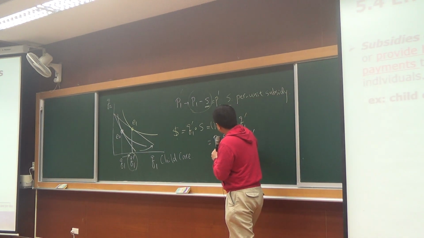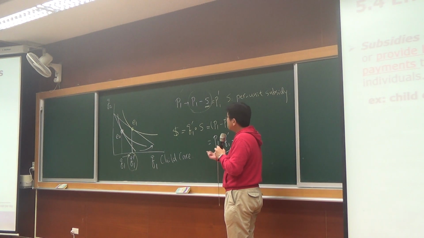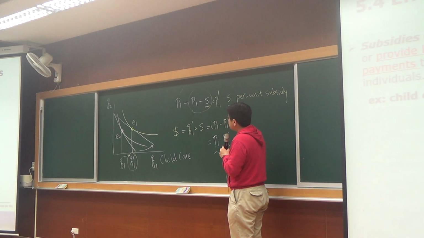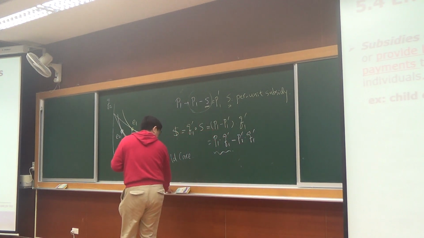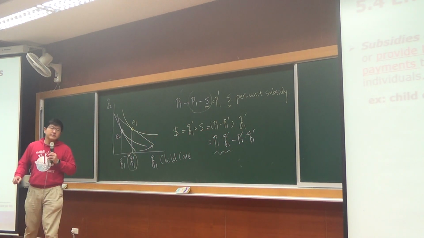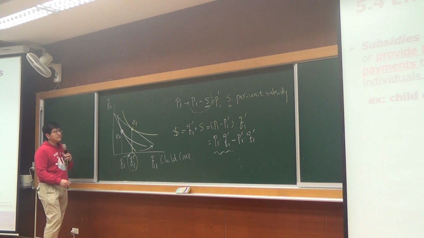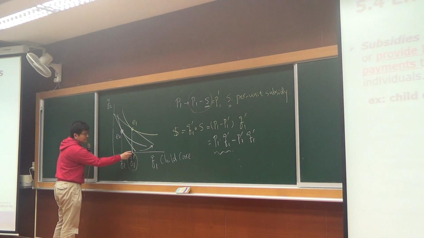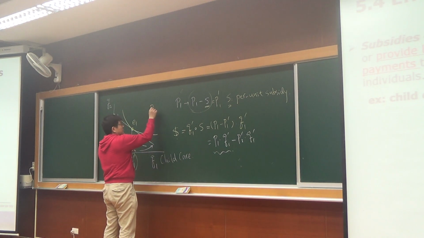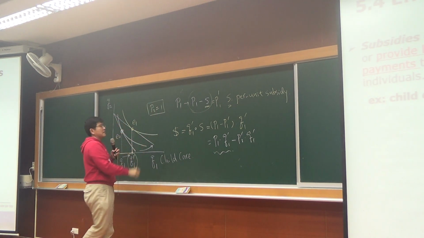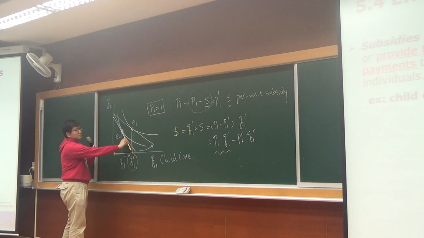So, what do you think? On the diagram, which part do you think we would say is P1 Q1 prime? Q1 prime, this amount, and if we just make an assumption, P2 equals 1, so the slope should be P1 over P2, right?